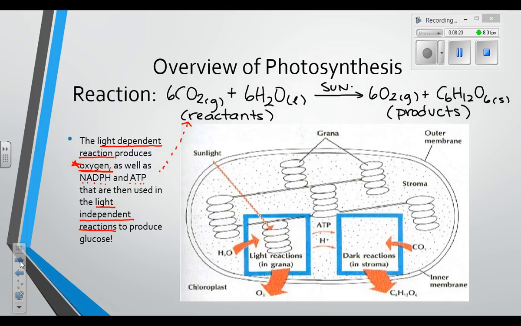But like it says there, those 2 molecules get used up in the second reaction. And the second reaction is where glucose comes from. So there's your 2 products, and we know basically where each of them is coming from. Oxygen is going to come from the light-dependent reaction. Glucose is going to come from the light-independent reaction.